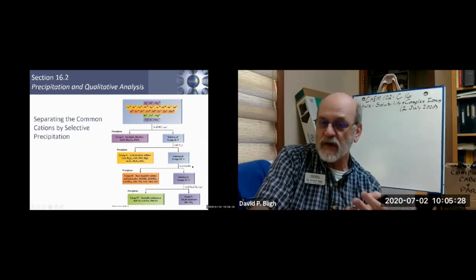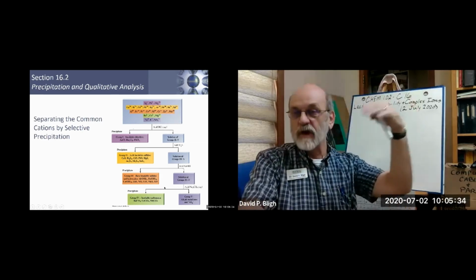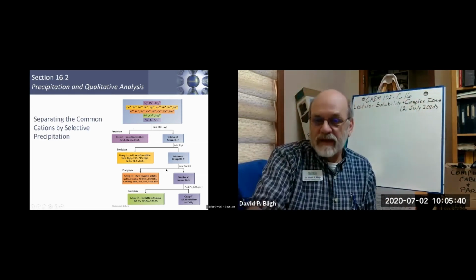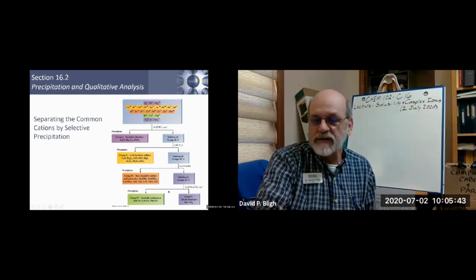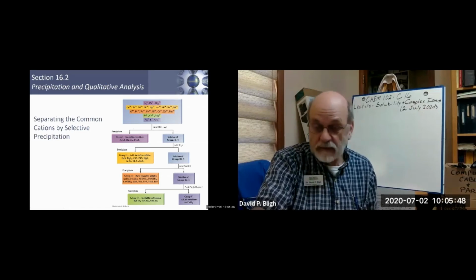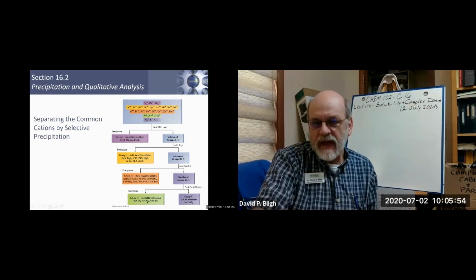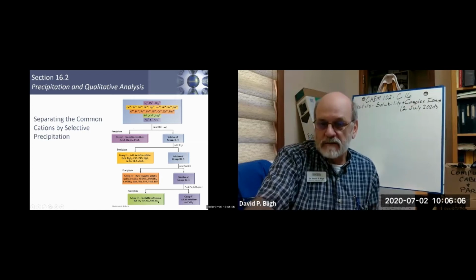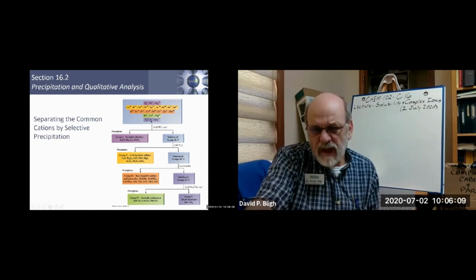Now we increase the amount of sulfide, and the next group comes out as sulfides that have higher K values for the sulfide solid. Right? Then what do you have left? Well, we've got barium, calcium, magnesium left. If we add sodium carbonate, which is soluble, then we've got this carbonate ion in there. And the barium, calcium, and magnesium, along with ammonia, are there in solution. Well, along with ammonia, potassium, and sodium.